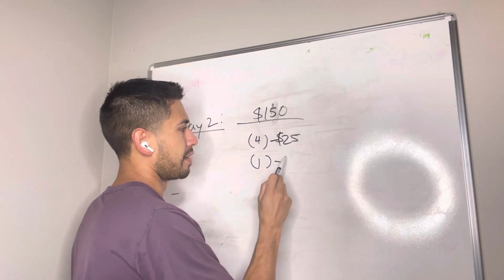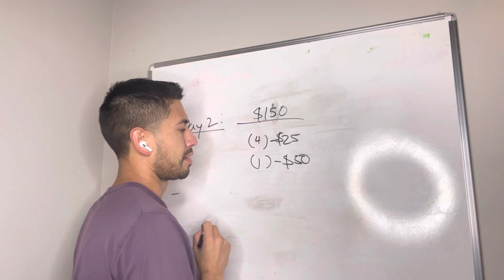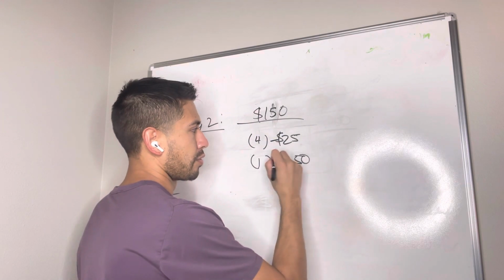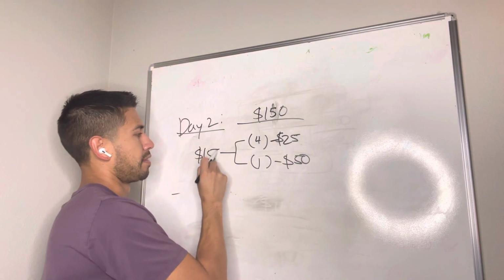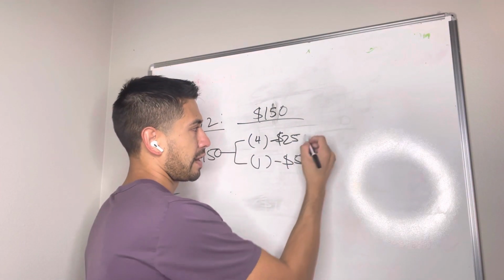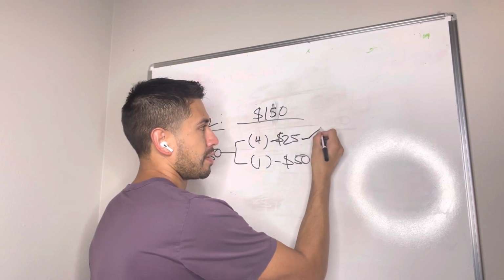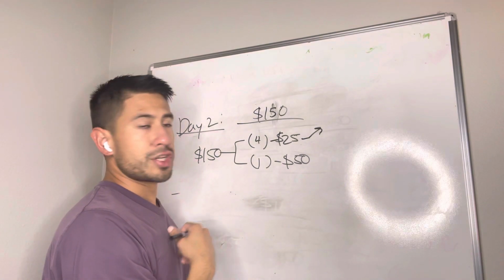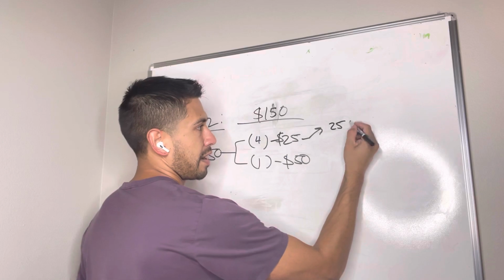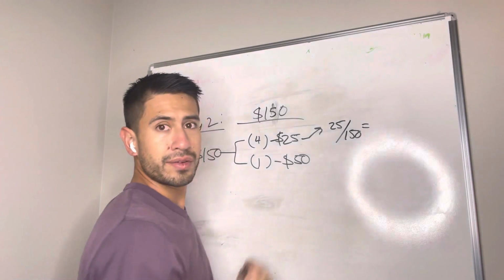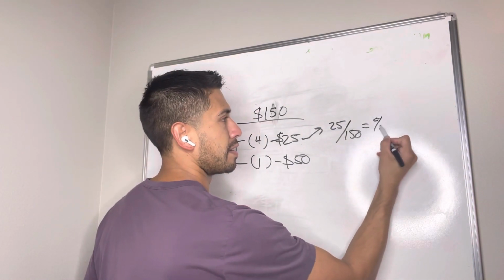One person put in $50, right? You total this up, you got $150, right? If you want to find out each person's ownership of shares, 25 out of 150 gives you now 16%.